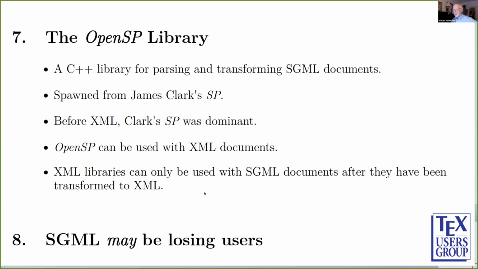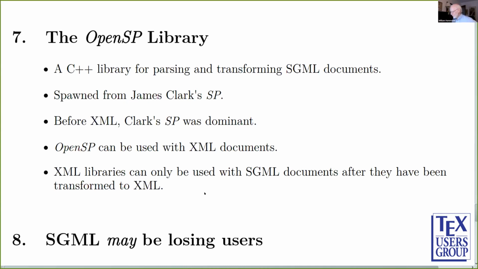Most things that are in a technical sense SGML documents, if they correspond to what we call documents in the real world, can be transformed to XML documents in a canonical way.